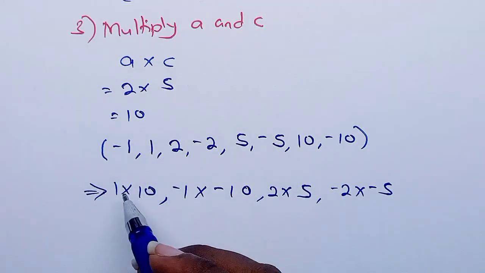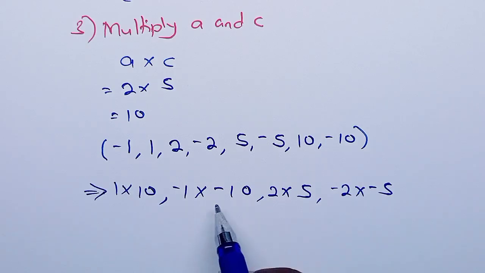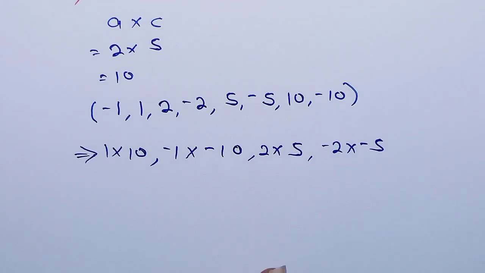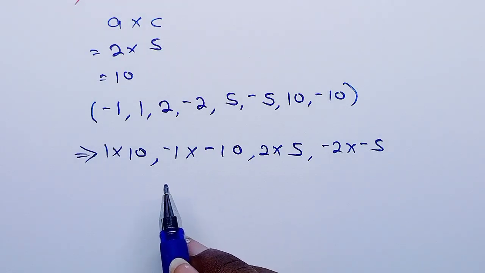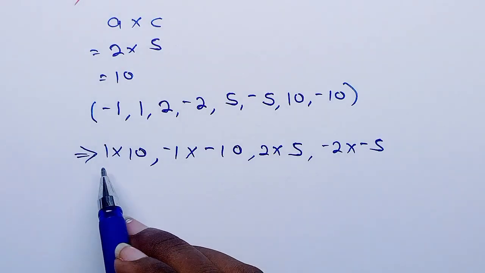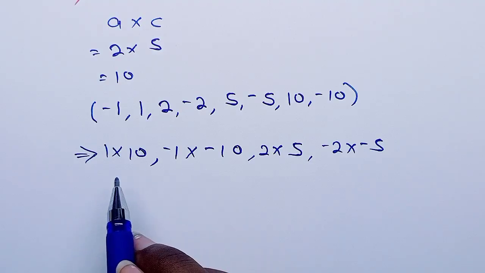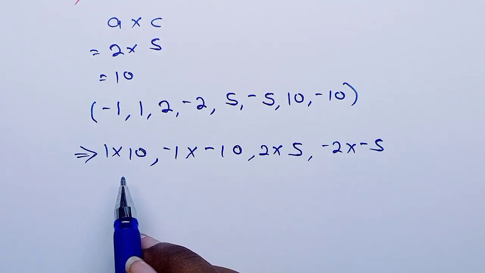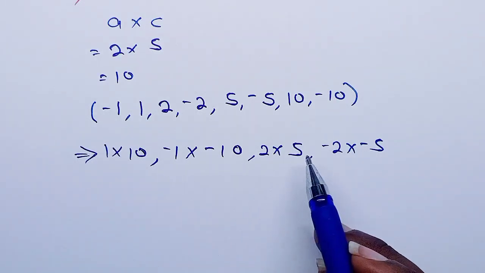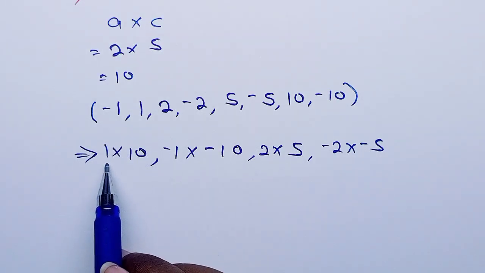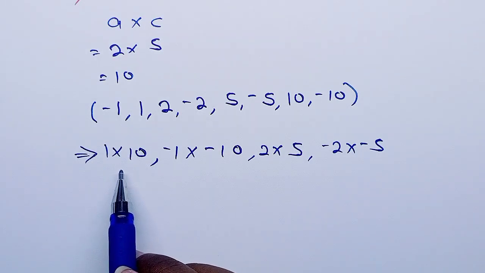Out of the 4 sets that we have got, we need to look for factors that you can add to get negative 11. As you can see here, 1 plus 10 is positive 11.